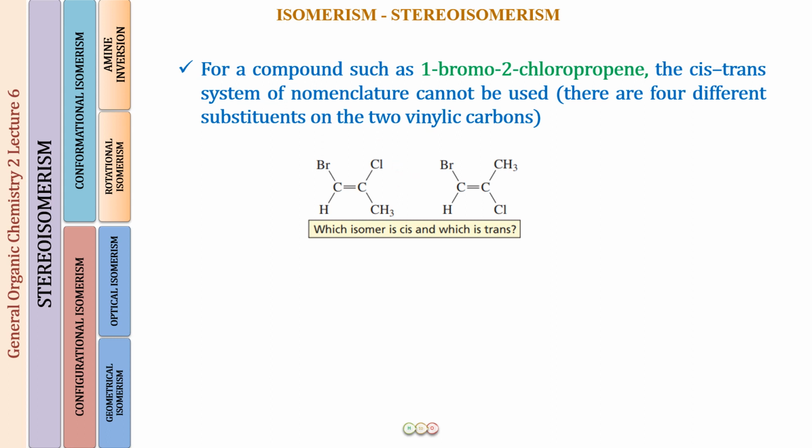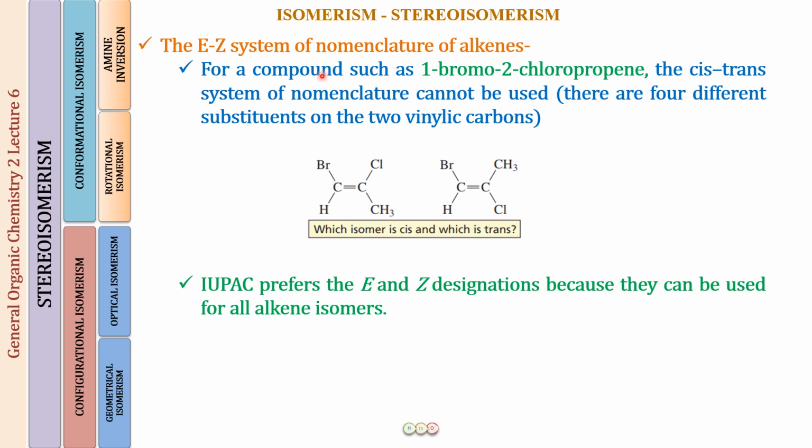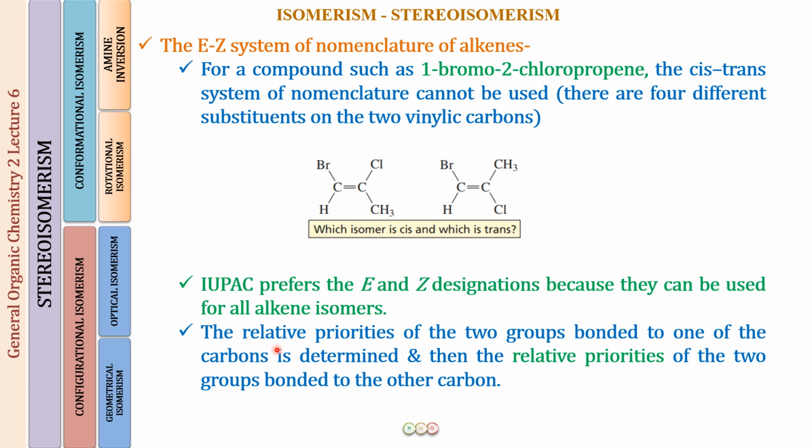So here is going to be the learning of a new nomenclature system, that is the EZ system of nomenclature, and this is the system which is in fact preferred by the IUPAC system, because here we can name any alkene isomer with this system. What is done is that the relative priority of the two groups bonded to one of the carbons is determined, and then the relative priority of the two groups bonded to the other carbon is decided.